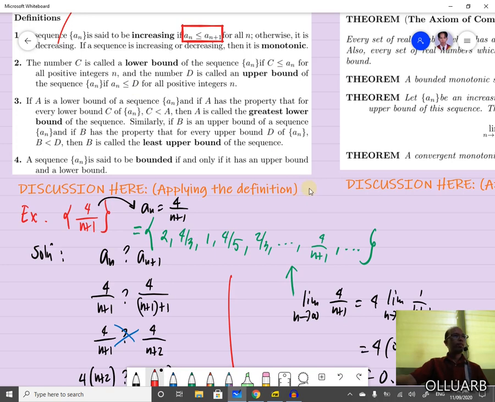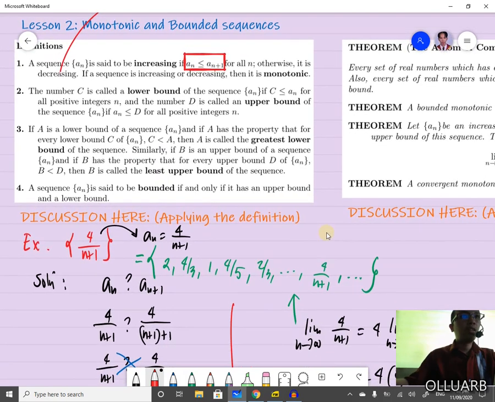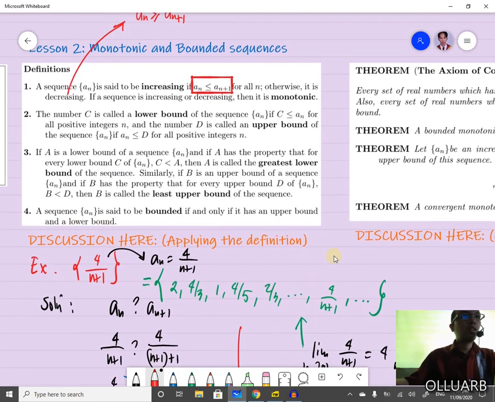Our definition number 3: if A is a lower bound of a sequence, and if A has the property that for every lower bound C of the sequence this inequality is true, then A is called the greatest lower bound, and similarly the upper bound is defined as that.